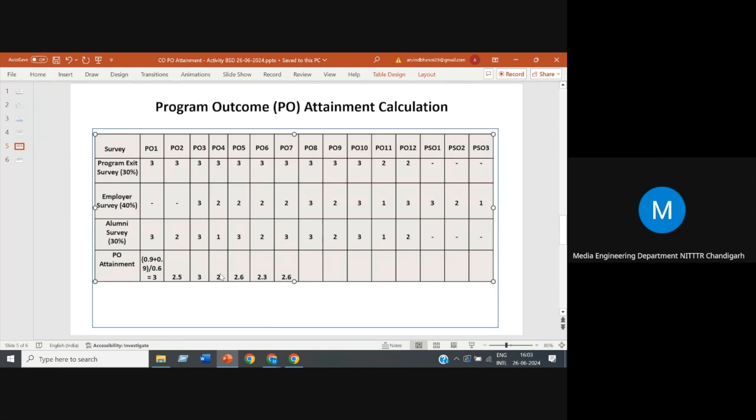PO8 is same as PO3. It will be 3. PO9 is same as PO6. So it will be 2.3. PO10 is same as PO3. Again 3. PO11. Okay, so calculate for PO11. It will be 1.3.